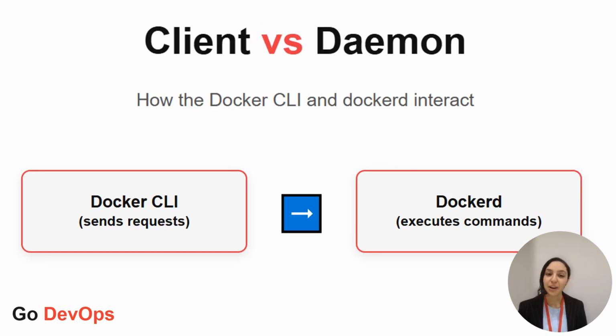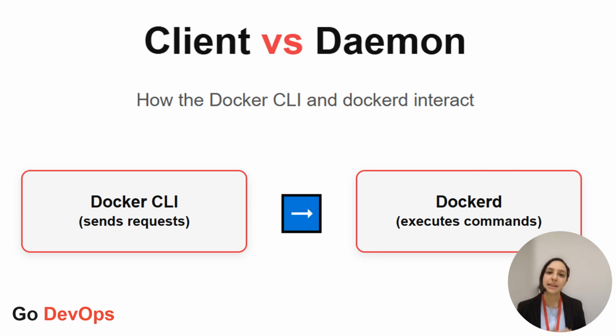Let's now clarify how the Docker client and the daemon interact. There are two main parts: the Docker command line interface, which is the tool that you use as a developer, and the Docker daemon, which is the background service that does the work. The command line doesn't actually run containers itself.